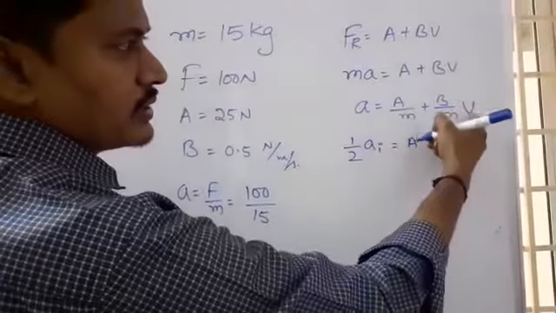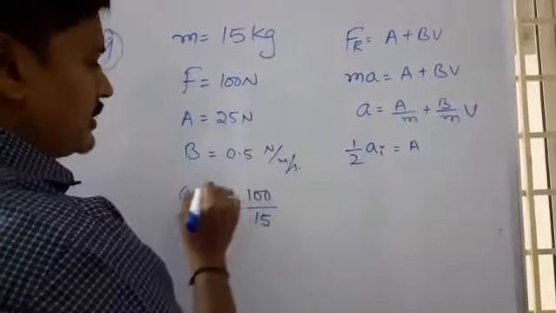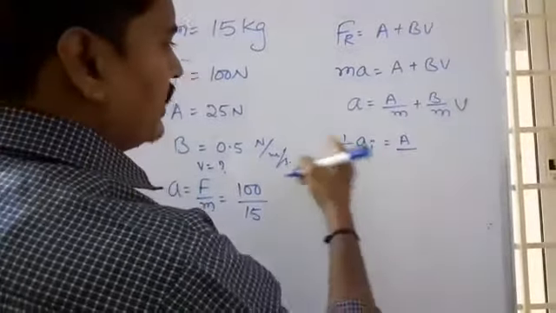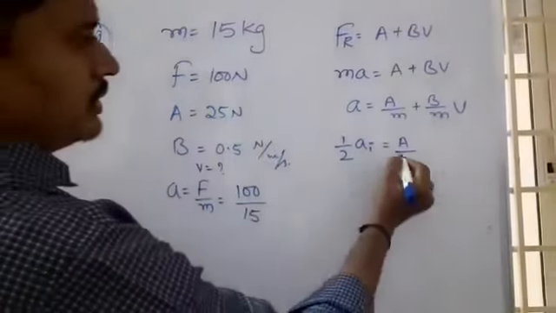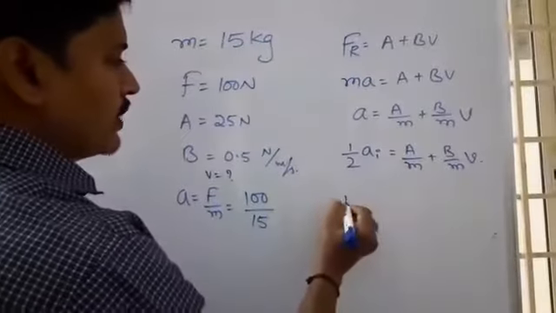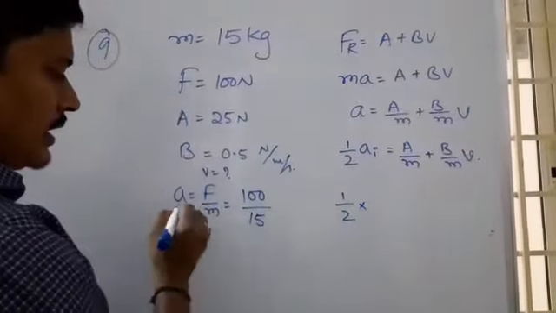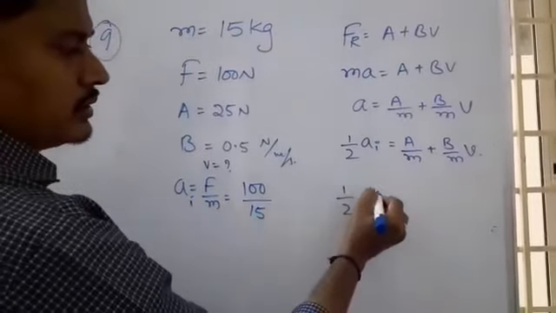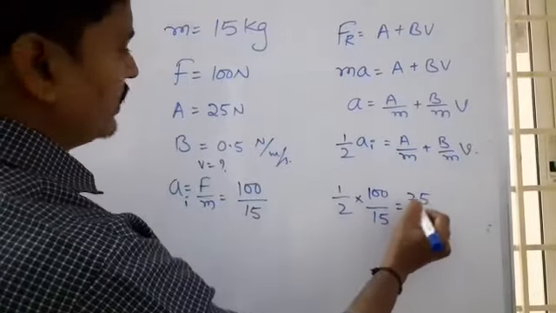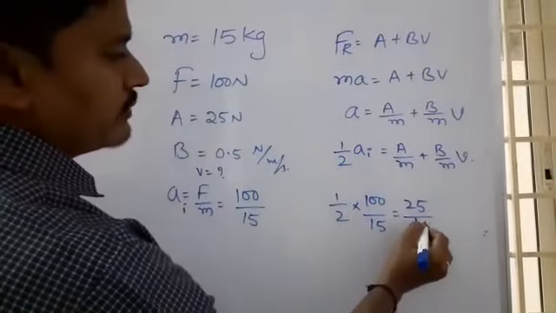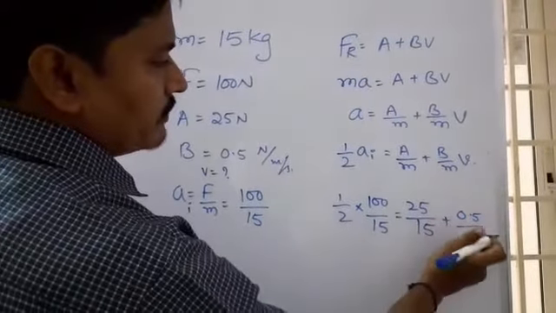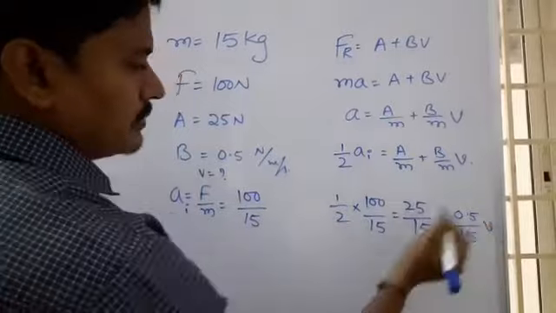So A by m plus B by m into v is 1 by 2 of the initial acceleration, which is 100 by 15, equal to 25 divided by 15 plus 0.5 divided by 15 into v.